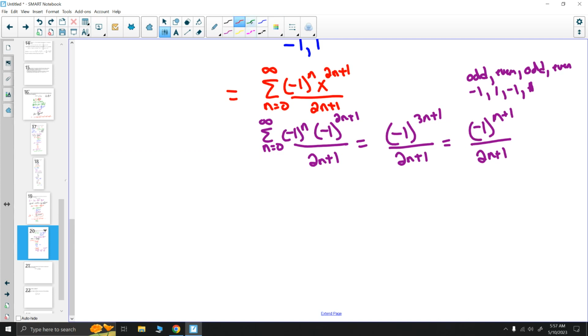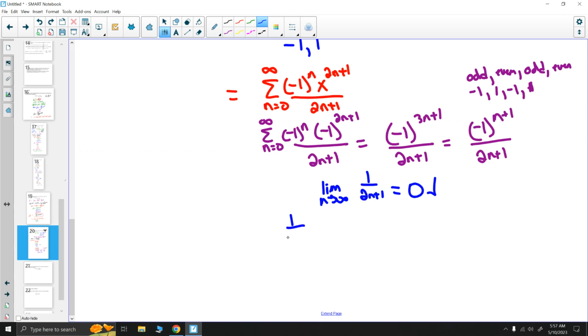Because it's a nice alternating series, all we have to do is check: does the limit as n approaches infinity of 1 over 2n plus 1 go to 0? Yes, it does. So we're doing the alternating series test. Now we just have to show that b sub n plus 1 is less than b sub n.